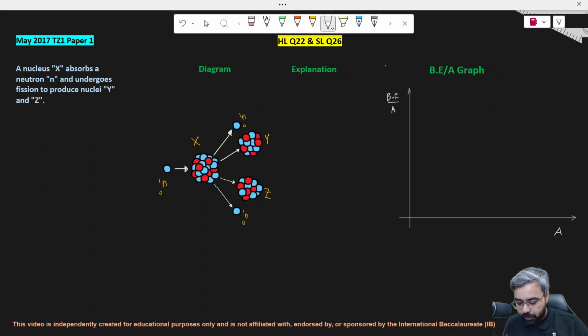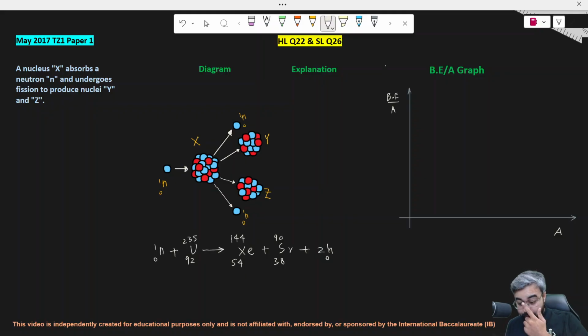When a neutron collides with uranium 92, 235, it splits into two fragments, one is xenon, 144 and 54, and the other is strontium, 38 and 90, plus two neutrons are released, just like you see in this reaction. And don't forget to write that energy is also released during this reaction.